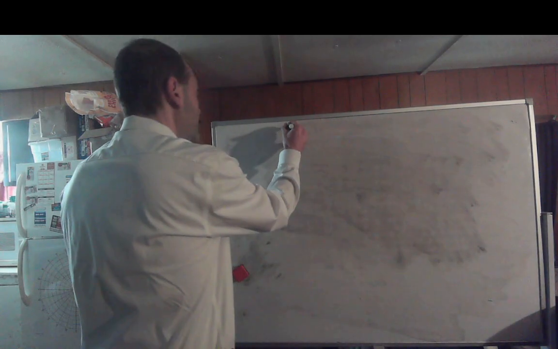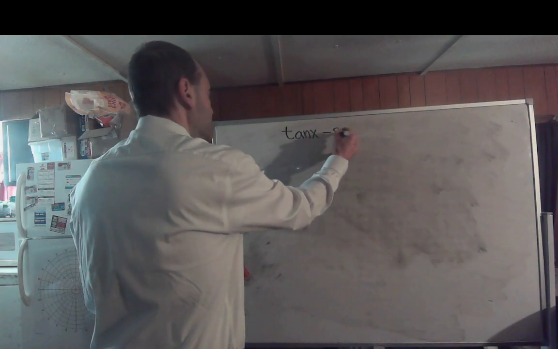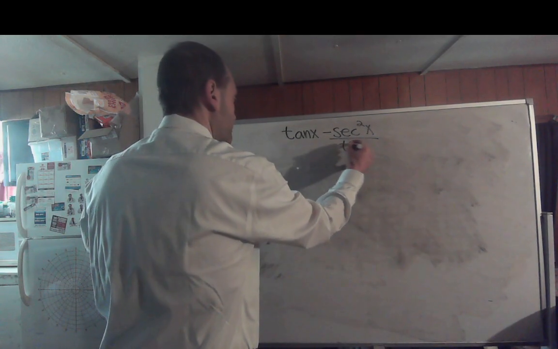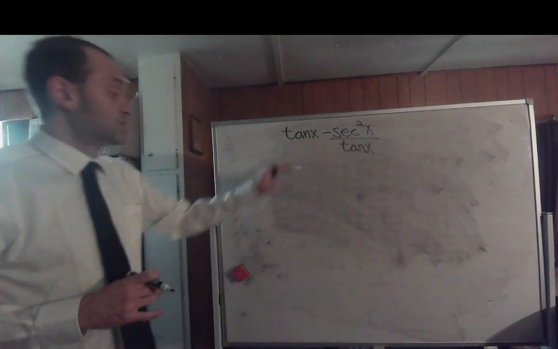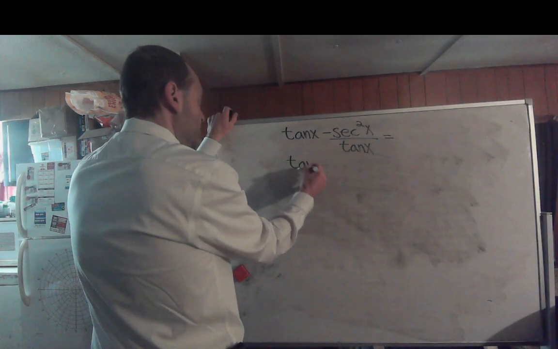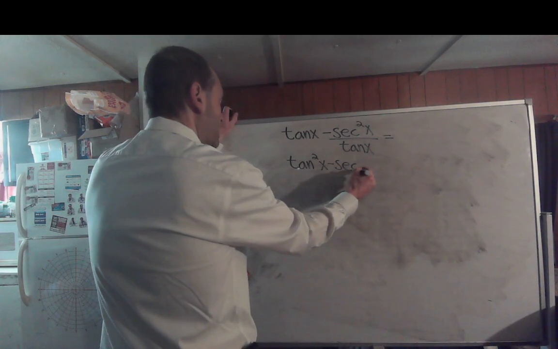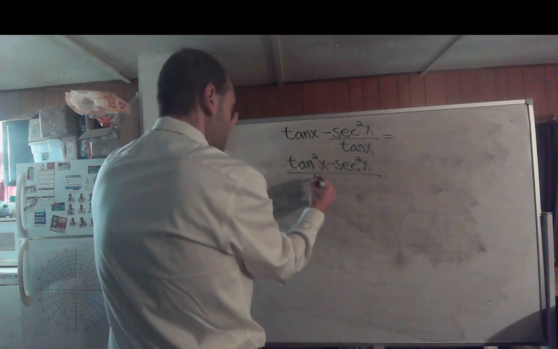Alright, so we have the tangent of x minus the secant squared of x all over the tangent of x. So we definitely want to get the same denominator. Well, this would just turn into the tangent squared of x minus the secant squared of x all over the tangent of x.